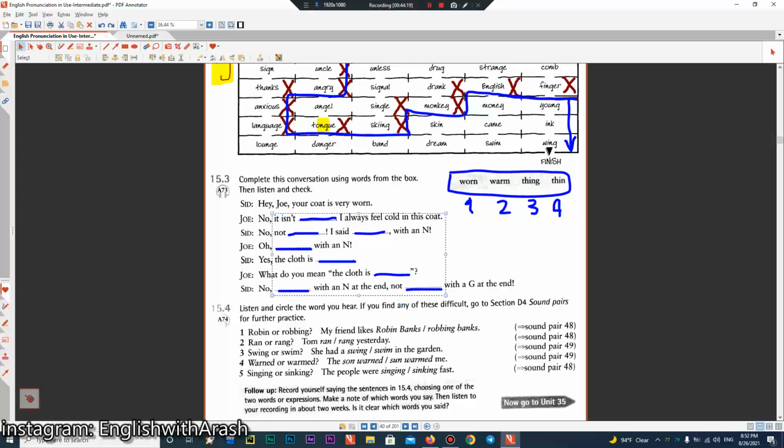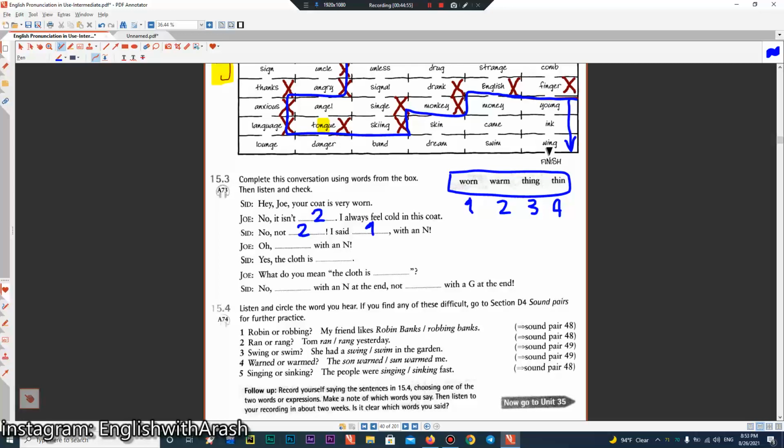He says warm, like it's hot. Says no, not warm. I said worn. So this one is 1. So when you say your coat is worn, it means it's kind of old, like worn out. You've used it a lot, so it's worn out. Say worn. Didn't say warm.